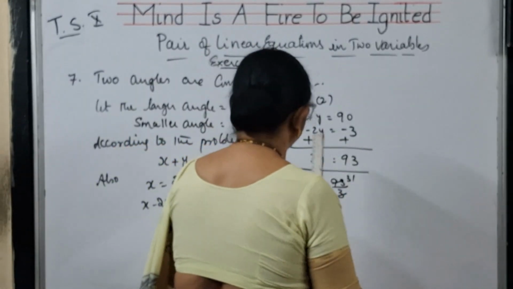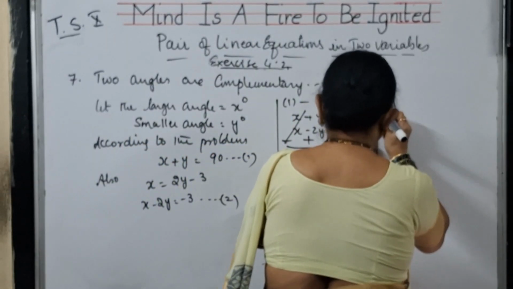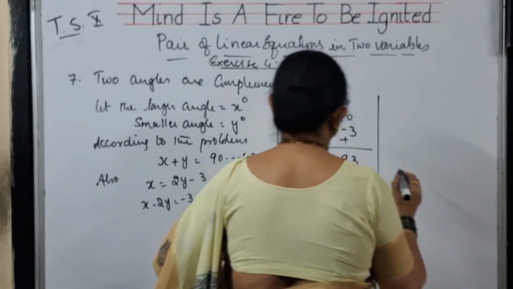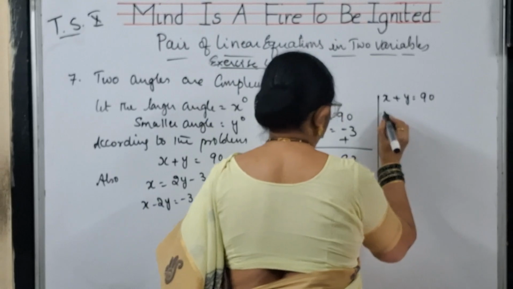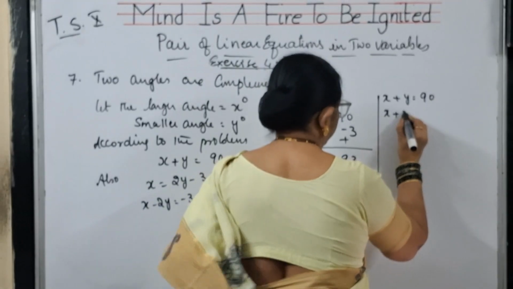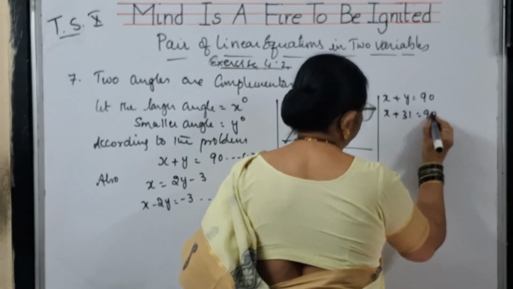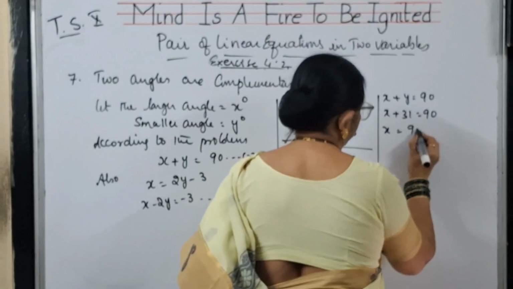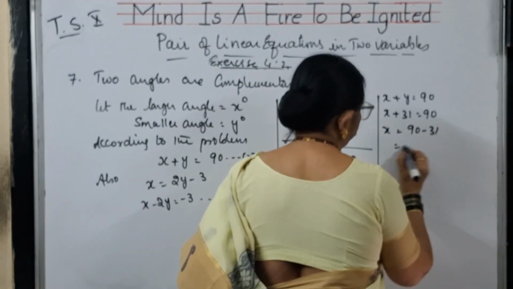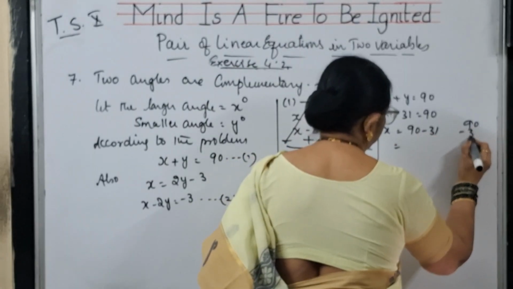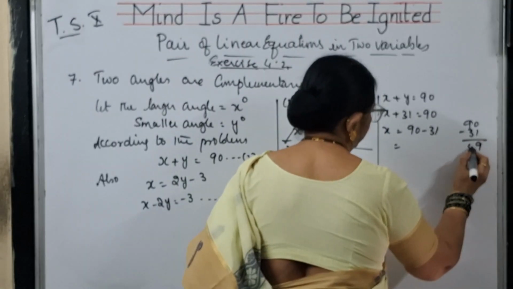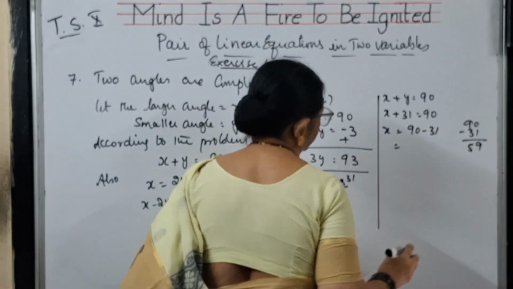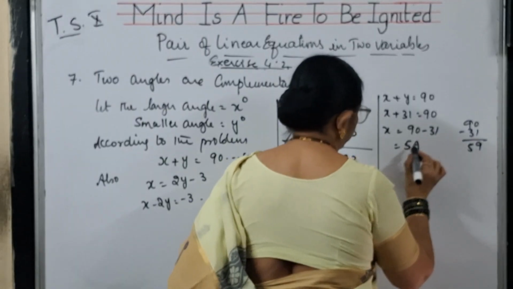Now take x plus y. X plus y is equal to 90. X plus 31 is equal to 90. X is equal to 90 minus 31. So here 9, here 8 minus 3, 5. 59.